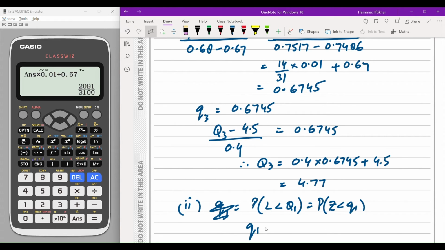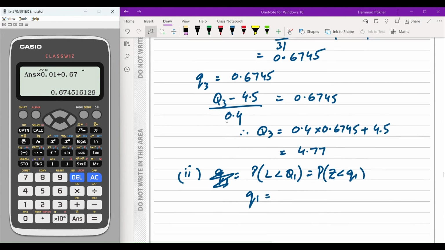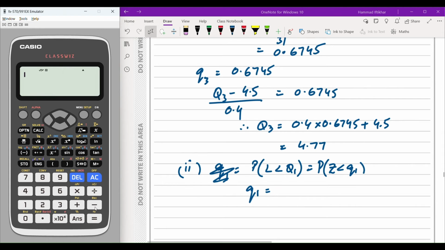So Q1 is negative of this value, then answer times this. We get 0.6745 again, right? So negative of this answer is minus 0.6745.